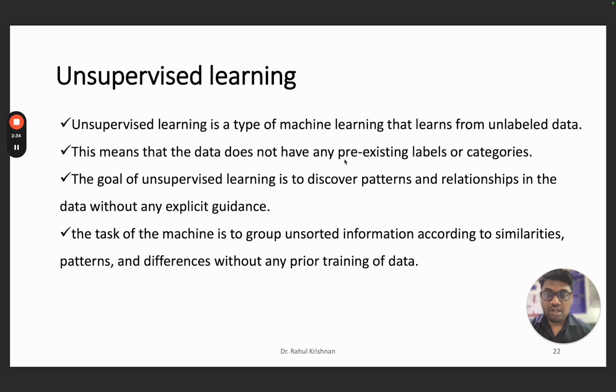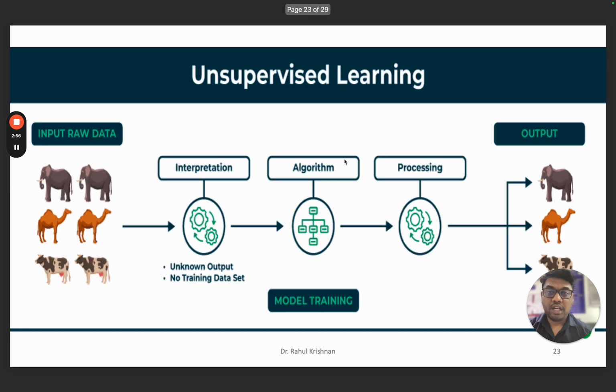The task is to group unsorted information according to similarities. The first task is to find the similarities in the data, then group them into different classes. This is how the process happens in unsupervised learning, especially when dealing with unlabeled data.